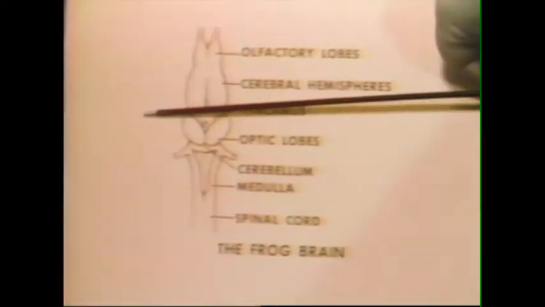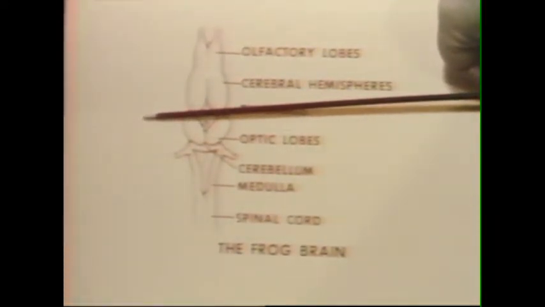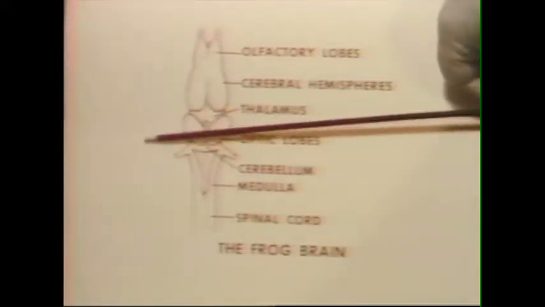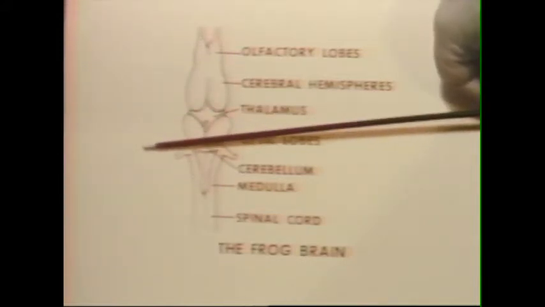Let us take those out. Let's go back to our same drawing. Here is the section we had made. This frog now has no cerebral hemispheres. Let us take out this next section from here to here.